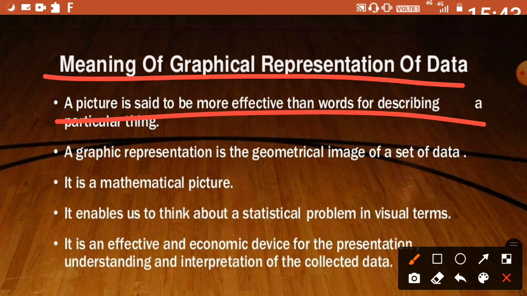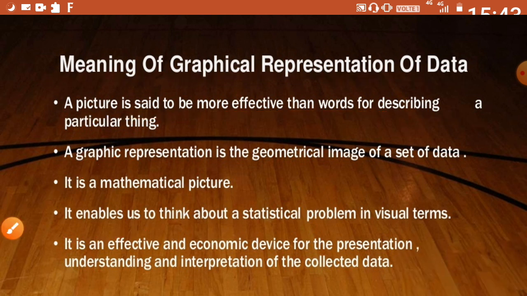There are a lot of things written in this slide. If you are interested, you can note it down, read it and understand it by yourself. Let's move to the next slide.